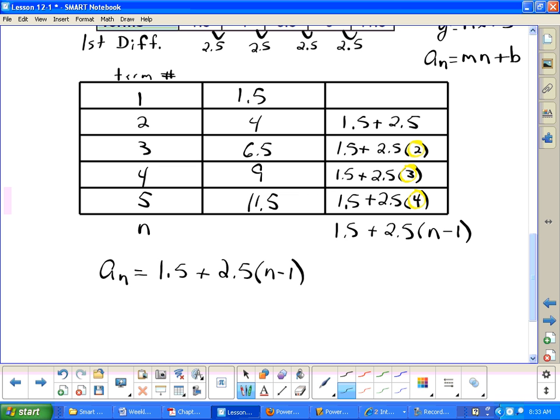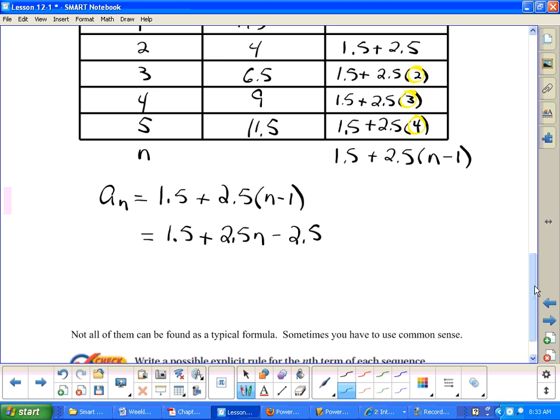And then that's a function that we can simplify, so we want to simplify that too. So we'll distribute the 2.5 and simplify it. And then you could write it either way.